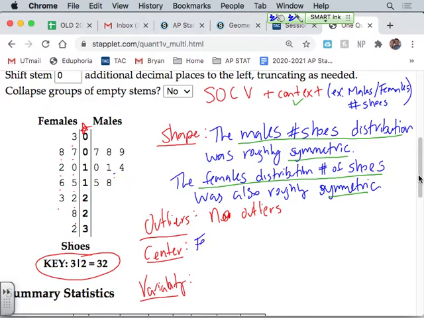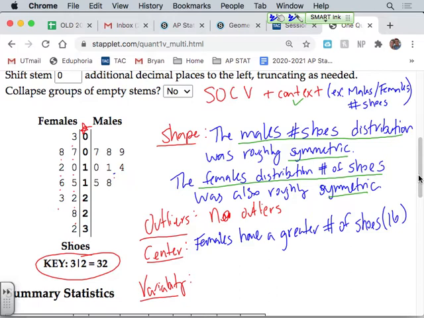So females have a greater number of shoes. And then the way I did that, I'll put parentheses 16. You could also say the females have 16 shoes, which is greater than the males' 11.5. Either way.